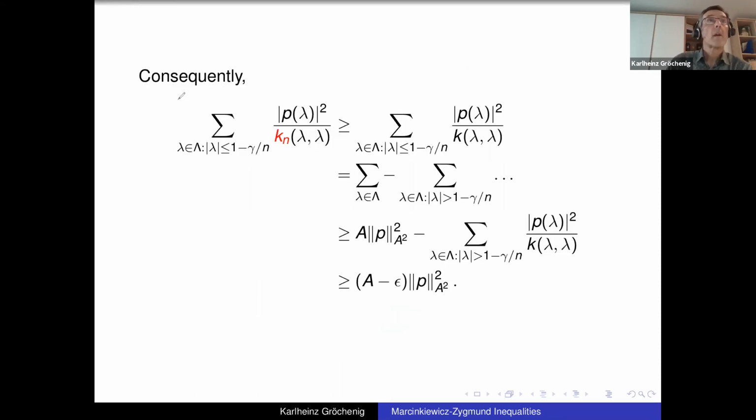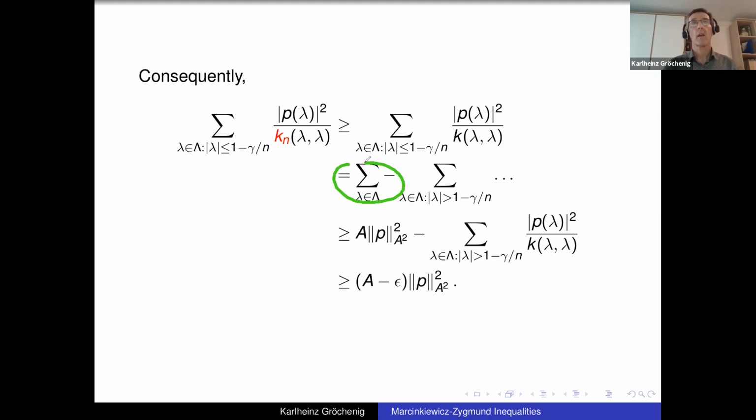And then we want sampling. So then we look at the sampling inequality for all the points in the bulk region for polynomials of degree n. So now we use the intrinsic reproducing kernel. First observation, in this region, the intrinsic kernel is comparable to the Bergman kernel. Okay, so I replace the intrinsic kernel by the Bergman kernel. So the sum is still over the points in the bulk. And now I write this sum as the sum over the entire sampling set minus the sum over the points outside the bulk region.